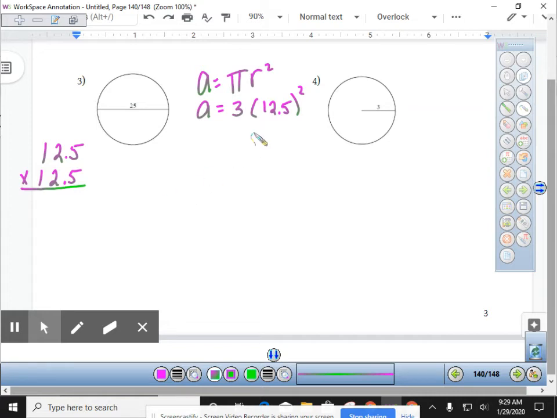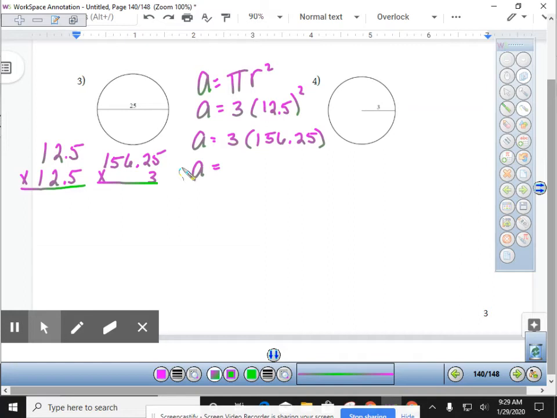What is 12.5 times 12.5? 156.25, I believe is correct. And now what do you do? 156.25 times 3. Well, I know it's going to be somewhere around 400, 450.